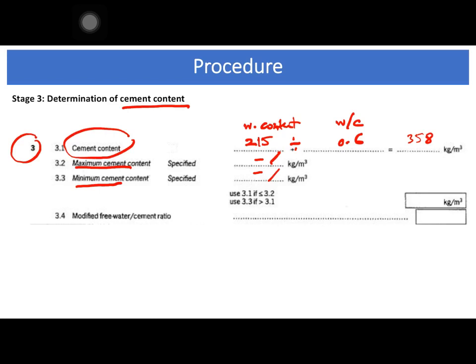This is the condition: use 3.1 if lower or equal to 3.2, or use 3.3 if more than 3.1. For our testing, we don't have a maximum or minimum cement content, so we adopt 358.